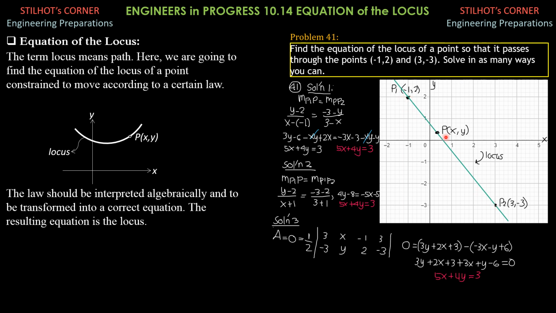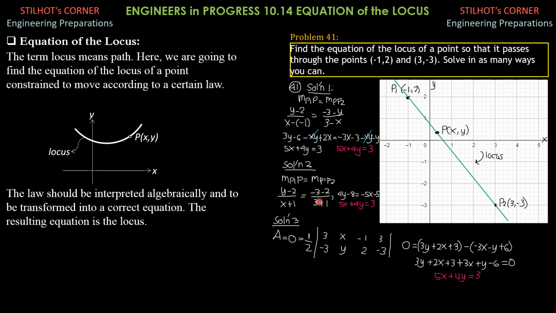Solution 2: this time the slope of the line segment joining P and P1 should be equal to the slope of the line segment joining P1 and P2. So y minus 2 over x minus negative 1, or x plus 1, is equal to negative 3 minus 2 over 3 minus negative 1, or over 3 plus 1.